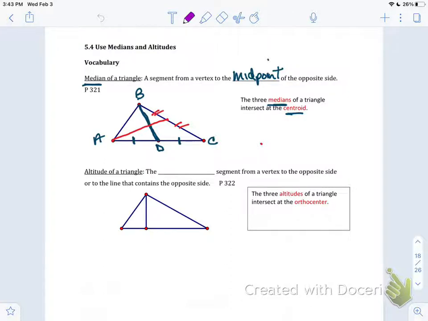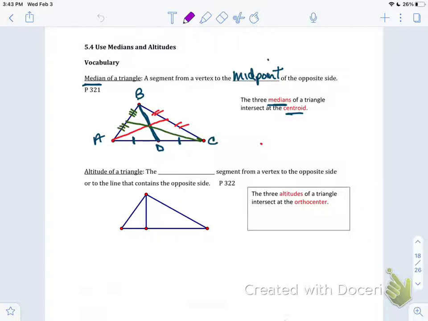So we'll pick another color. And if we draw another median from the vertex to the midpoint of the opposite side, then I know that this is going to equal this.